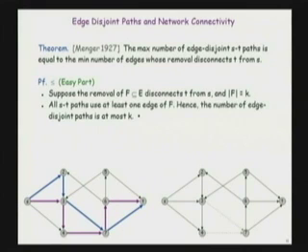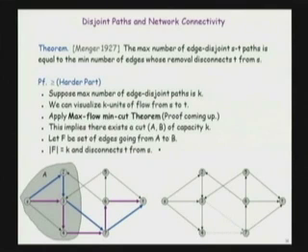Notice that all the paths have to use at least one of those edges. If it disconnects, every path has to use one of those edges, so there could be at most k paths. And notice in this example, I had two edges, and both paths had to use one of those edges.